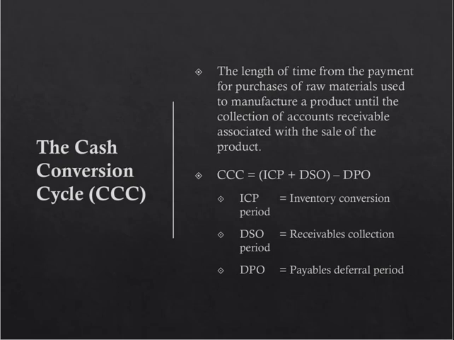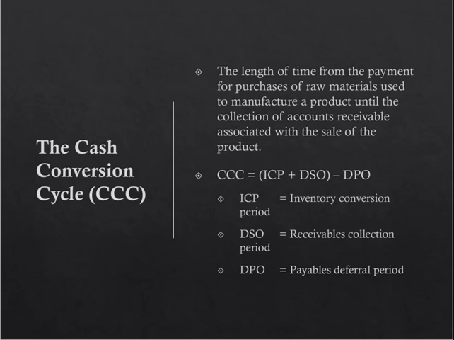One of the important components of managing any business is the cash conversion cycle. The cash conversion cycle is the length of time from payment for raw materials, the time you send money out because you bought raw materials, to the collection of the accounts receivable associated with the sale of that product. So the cash conversion cycle is the inventory conversion period, the amount of time it takes from the day you send the payment out for your inventory to have that inventory turned into a saleable product and sold.